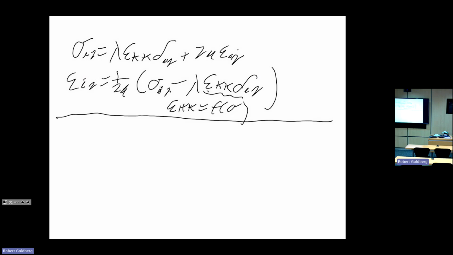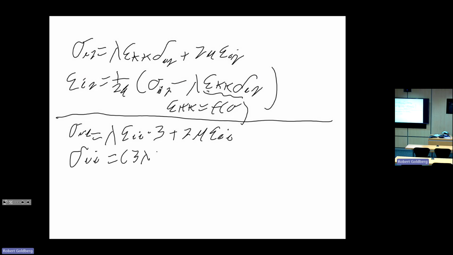We can say that sigma ii is equal to lambda epsilon ii times 3 plus 2 mu times epsilon ii. So sigma ii is equal to (3 lambda plus 2 mu) times epsilon ii.